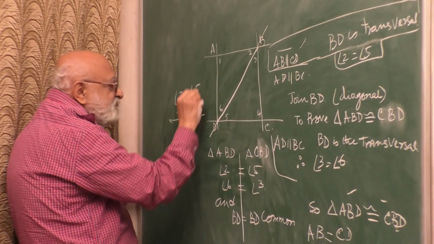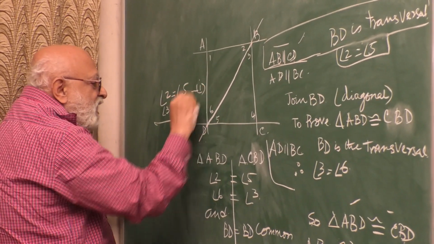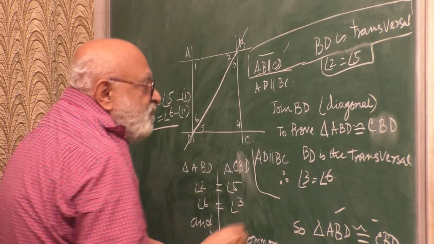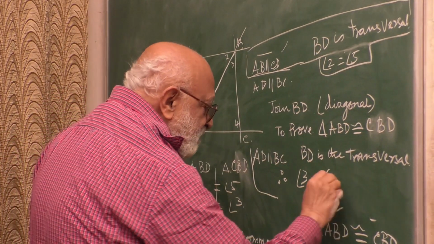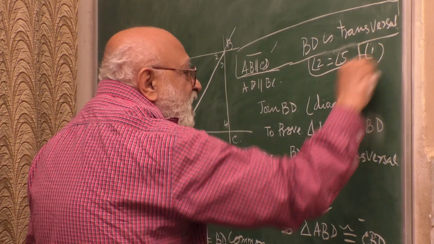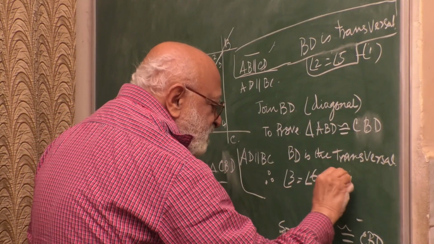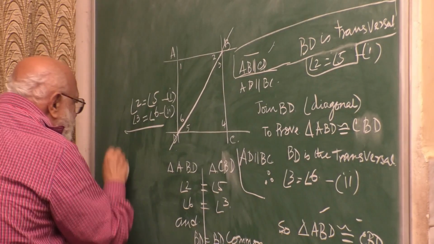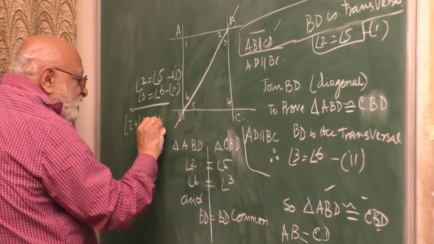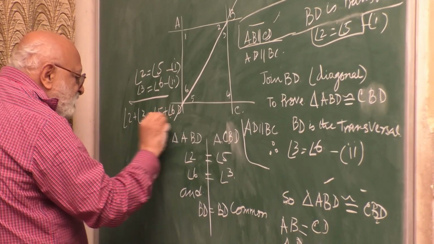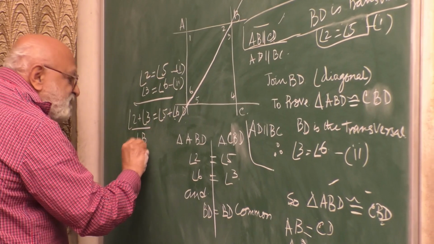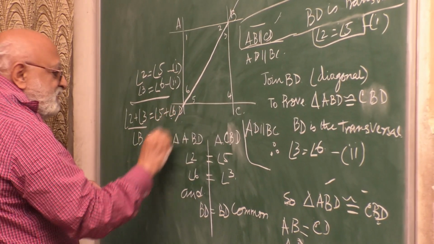If you add them, angle 2 plus angle 3 is equal to angle 5 plus angle 6. So angle 2 and 3 is angle B, and this is equal to angle D.